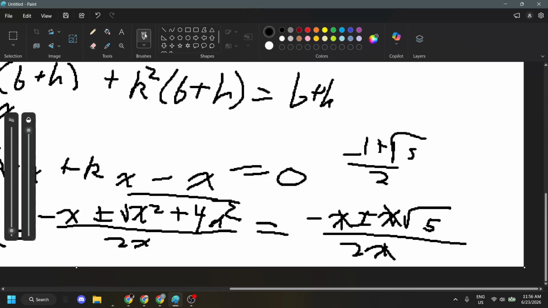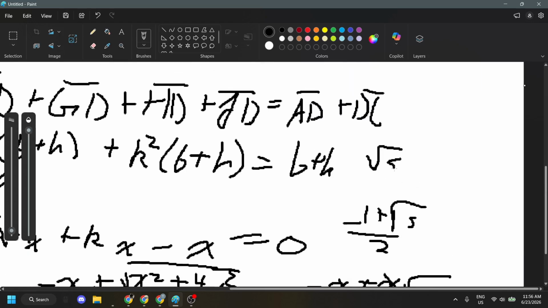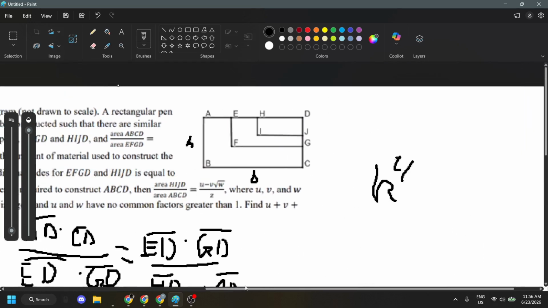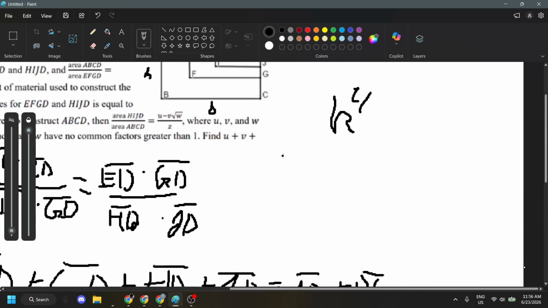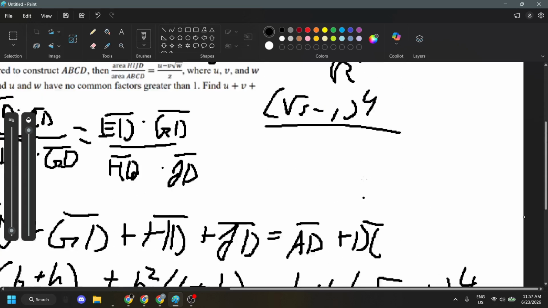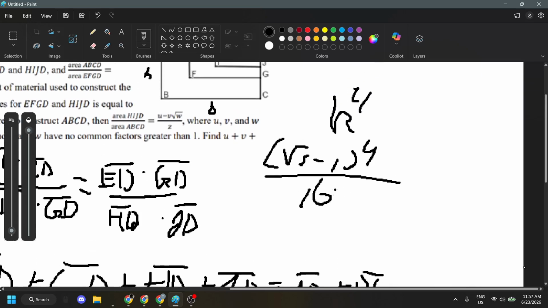It's going to be root 5 minus 1 over 2, to the 4. So root 5 minus 1 to the 4 over 2 to the 4. 2 to the 4 is 16.